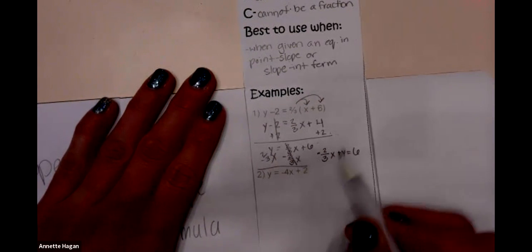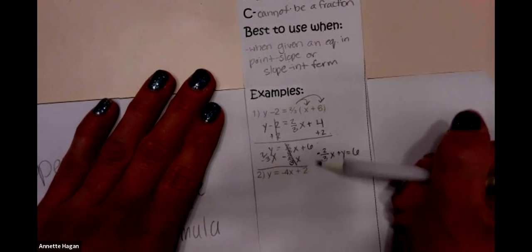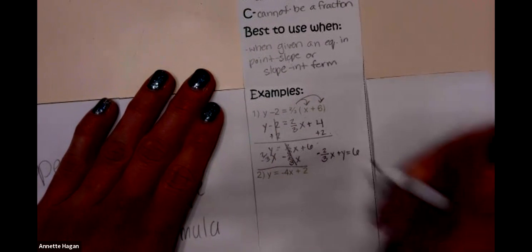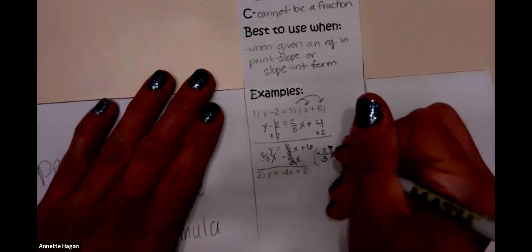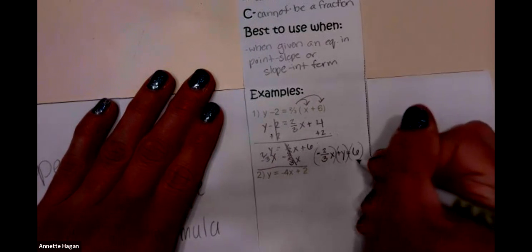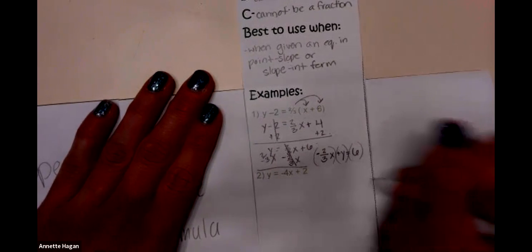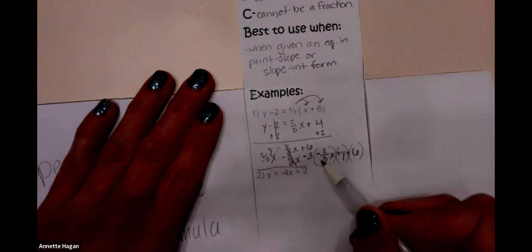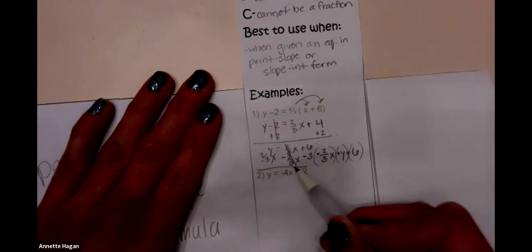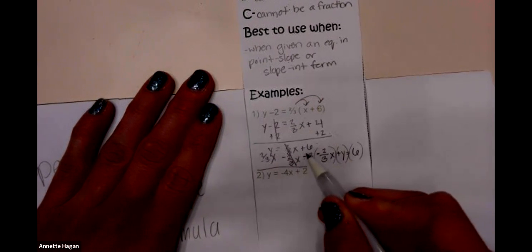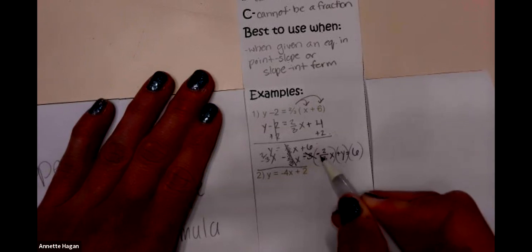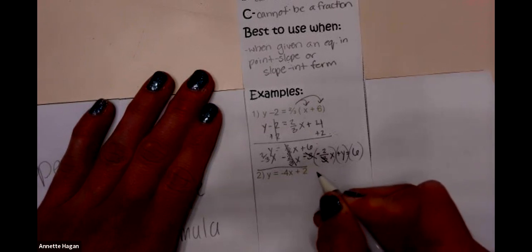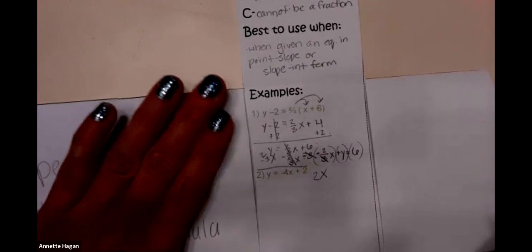Now, here's the problem. There is a fraction, and the leading coefficient is negative. So I'm going to have to multiply by something to clear that fraction and clear that negative. The number I'm going to choose is -3. A negative times a negative is a positive, and the 3 in the numerator and the 3 in the denominator are going to cancel, leaving me a positive 2x.